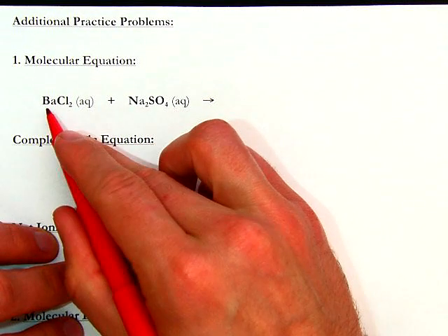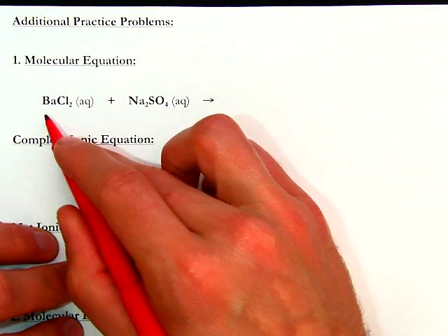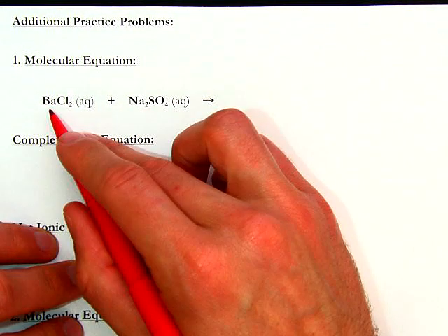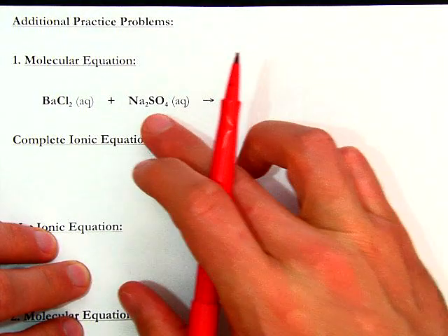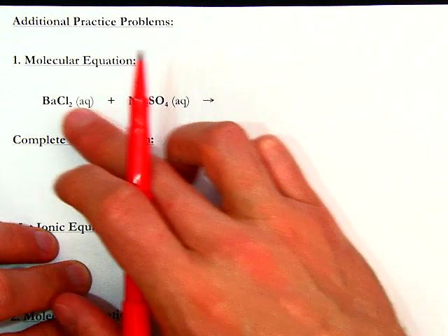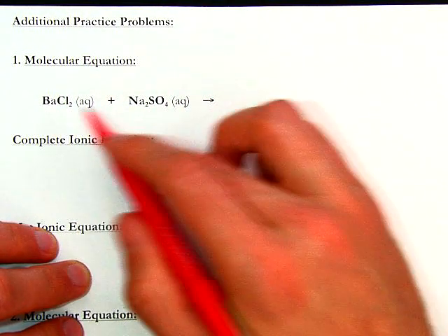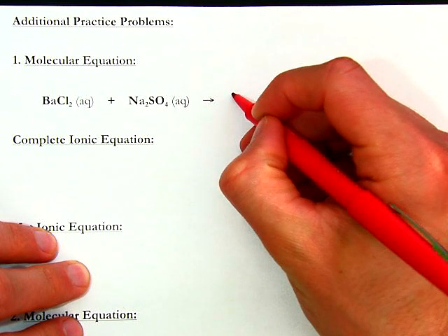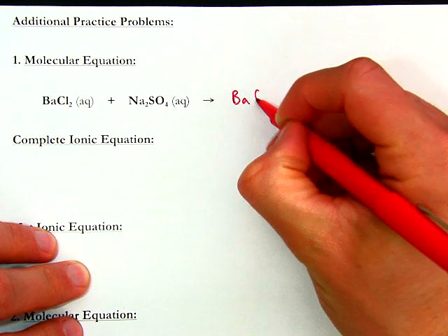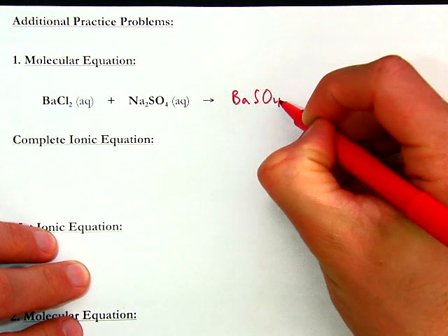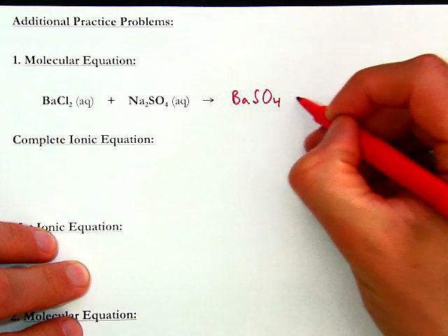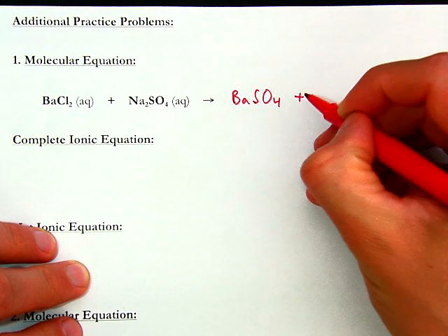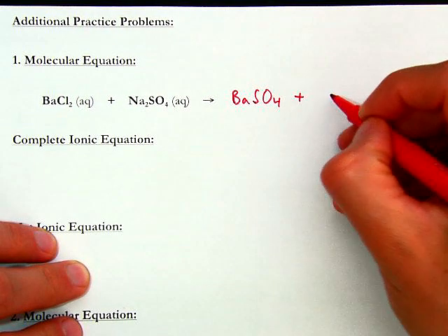We're going to take our positive ions and switch them. So Ba is now going to be with SO4, and Na is going to be with Cl. So Ba is with SO4, so I'm going to write BaSO4. And Na is now going to be with Cl.